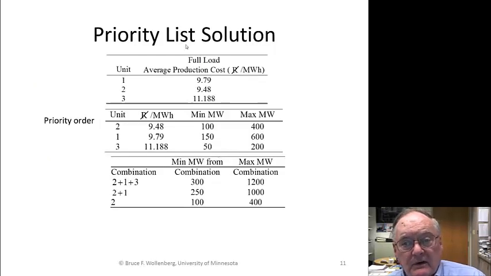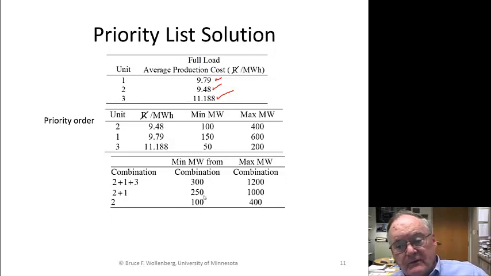So here's the priority list scheme. We take our 3 units and we ask, where's the average production cost? Here's the best, here's the next, and here's the third. So we're just going to order them: unit 2, unit 1, unit 3. Unit 2, because you're the best, so any combination from 100 up to 400 is unit 2.